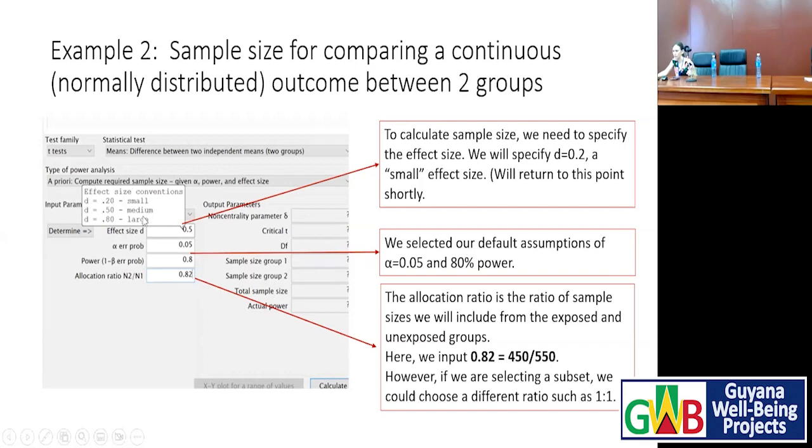This little dialogue within effect size convention helps guide you if you're not sure what to fill in. It pops up when you hover your arrow there and reminds you. Let's be conservative: if we want to be able to detect the small effect size, what should we do? We fill in 0.2.